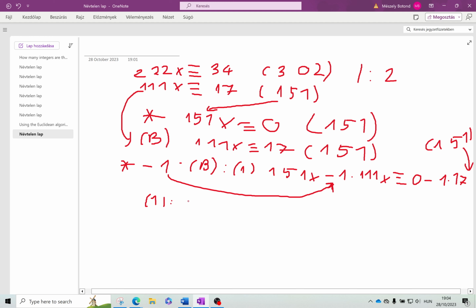Give me a second, it's 40x, because 151x minus 111x is 40x, congruent minus 17 modulo 151.